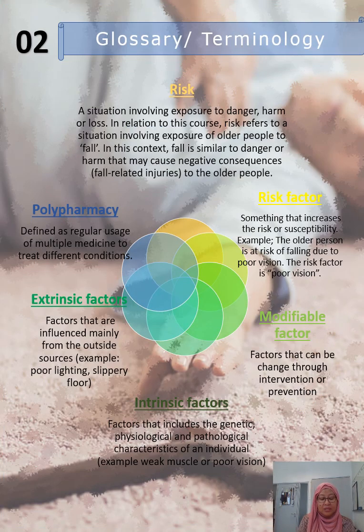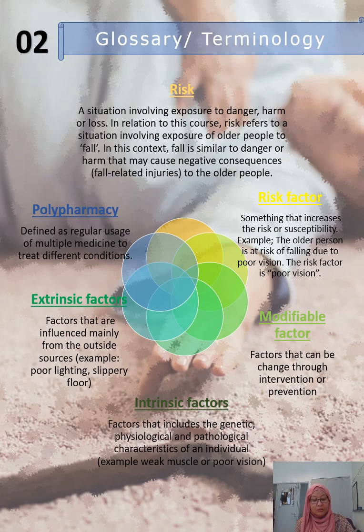So before we proceed, let's look at some of the terminologies that you probably will encounter many times during this lecture. The first one is risk. What is a risk? A risk is a situation involving exposure to danger, harm, or loss.